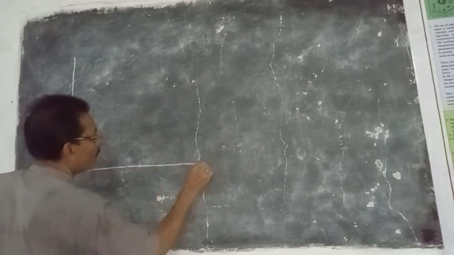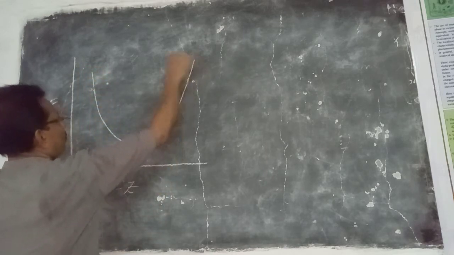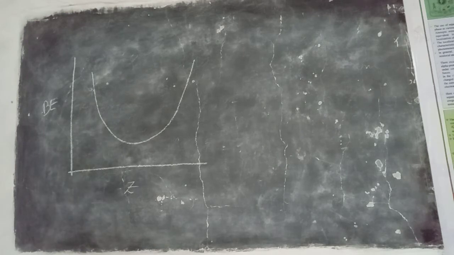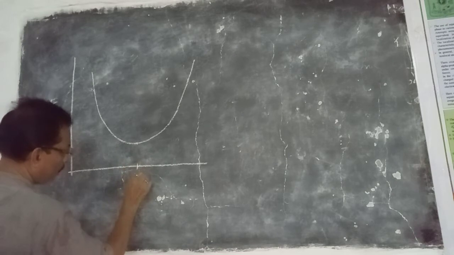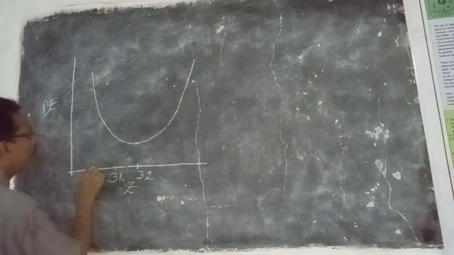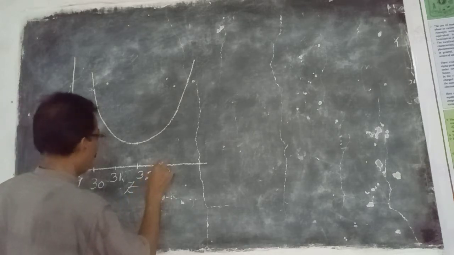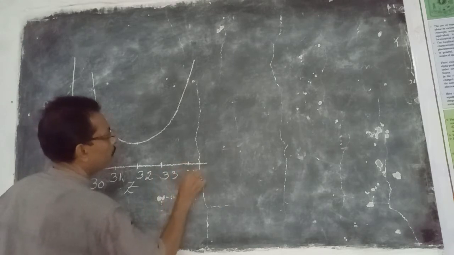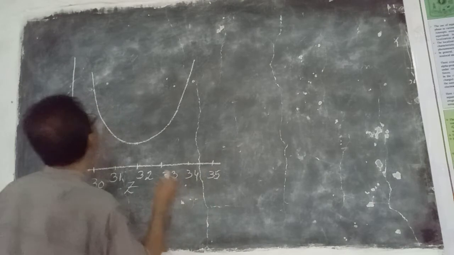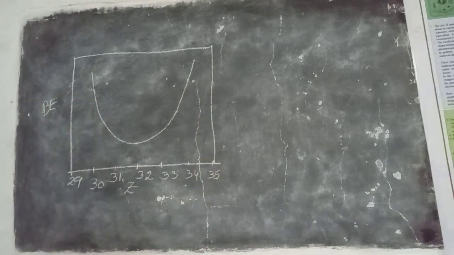For A equal to 73, we plot Z on this axis and binding energy on the other. Here this is 29, 30, 31, 32, 33.